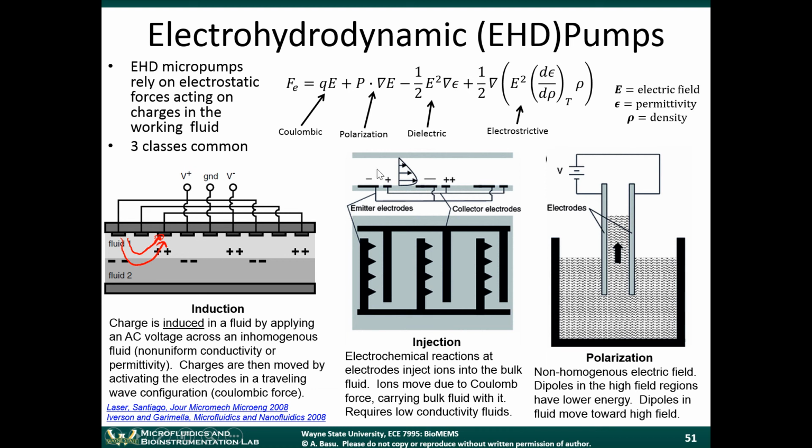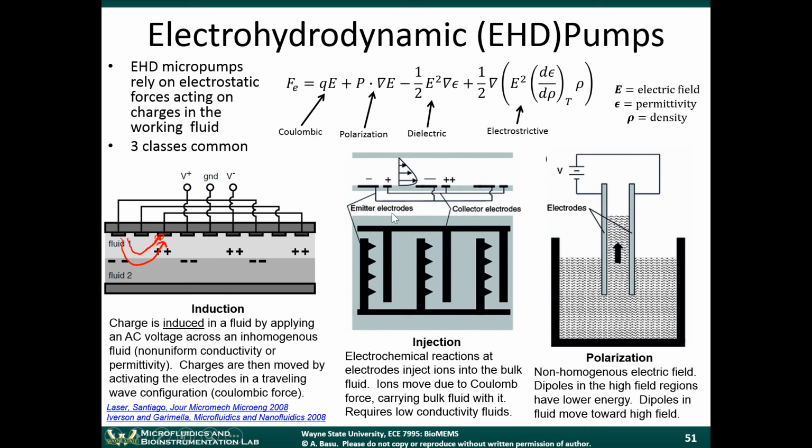Now, once those ions are injected, the non-uniform fields occur due to this non-uniform electrode geometry. Smaller electrodes tend to have larger electric fields than larger electrodes, or more uniform electrodes.